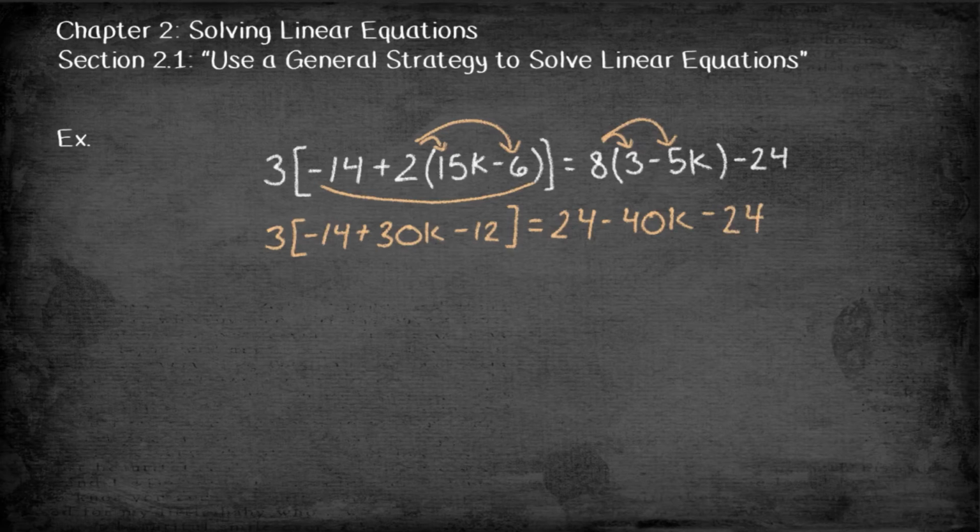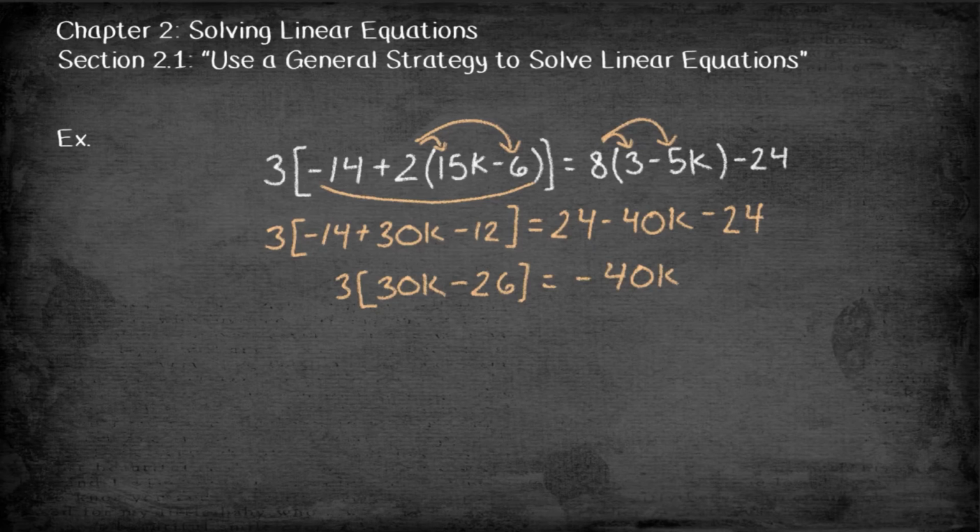We want to simplify again by collecting like terms. So the like terms on the left-hand side would be this -14 and -12. And adding together gives me negative 26. The like terms on the right-hand side are 24 and negative 24. So I'm really just left with negative 40k.